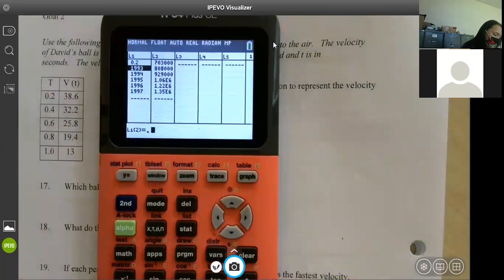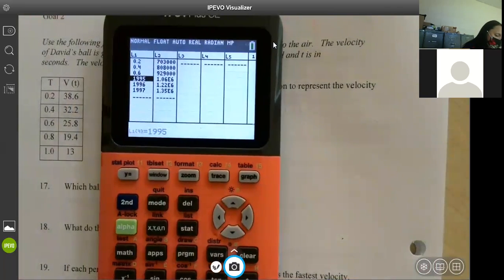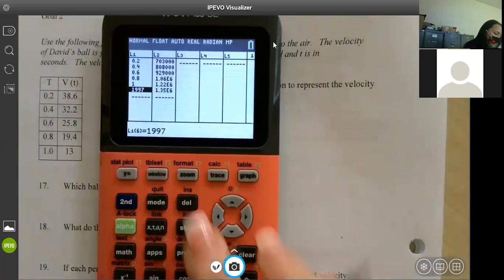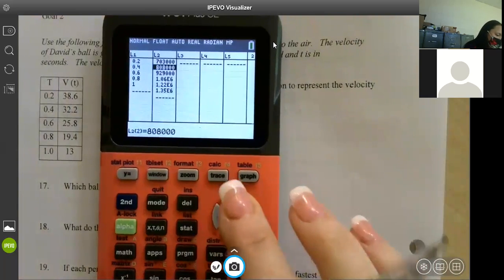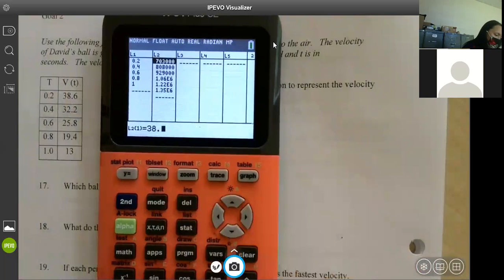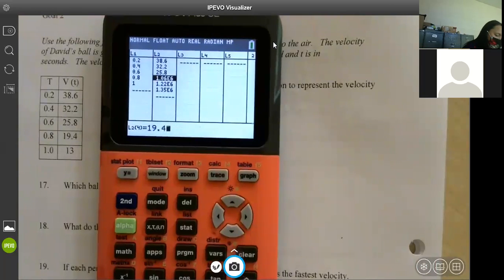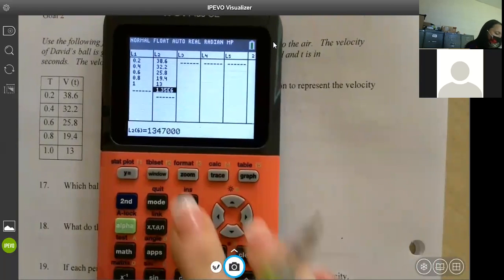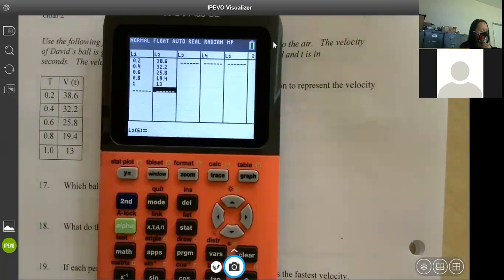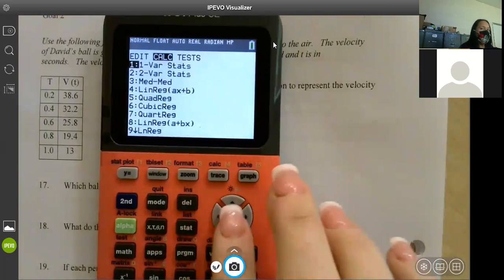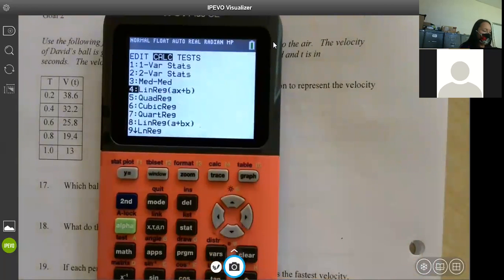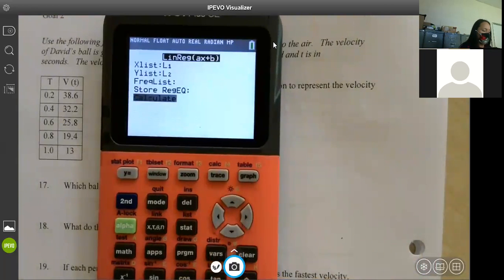So 0.2, 0.4, 0.6, 0.8, 1.0, 38.6, 32.2. This is what takes longest, is just putting it into your calculator. And then we're going to do stat calc and our linear regression.